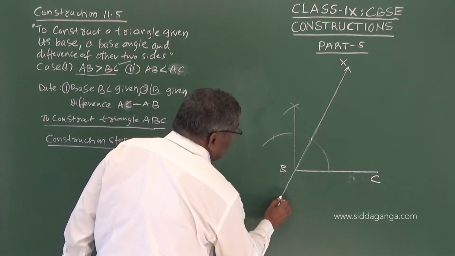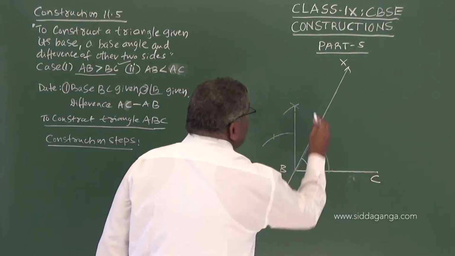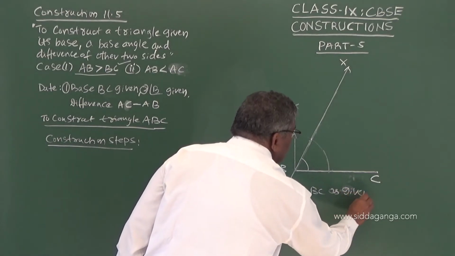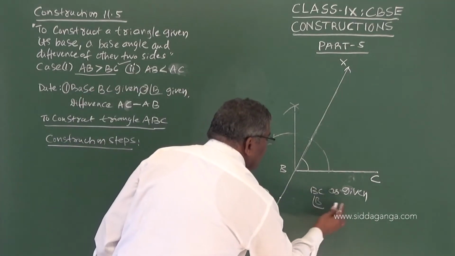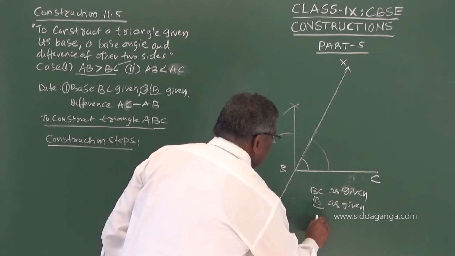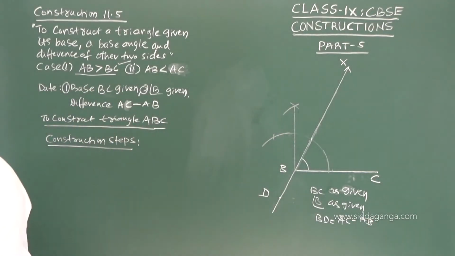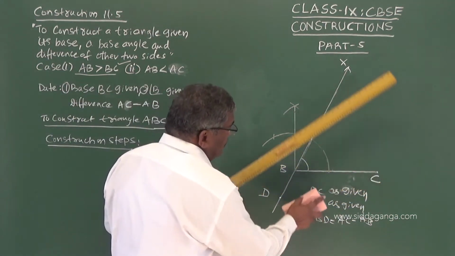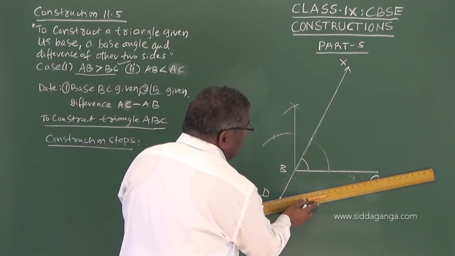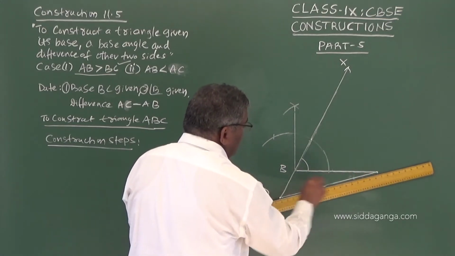Here angle CBX and BC are as given, and BD equals AC minus AB. After this we have to join DC.